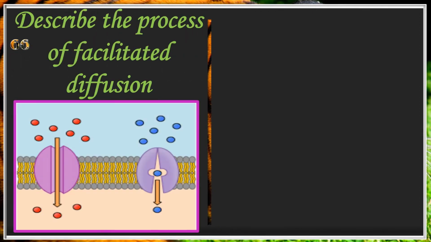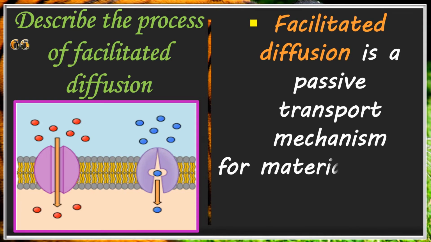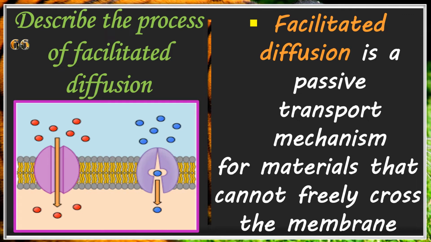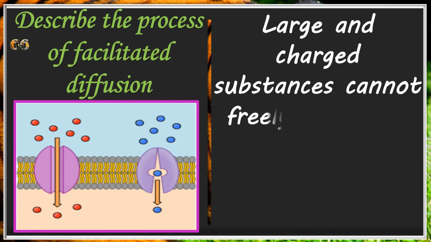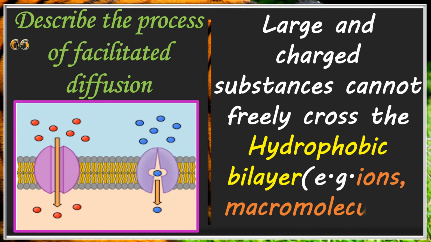Describe the process of facilitated diffusion. Now, facilitated diffusion is a passive transport mechanism for materials that cannot freely cross the membrane. It is facilitated and it is passive. Large and charged substances cannot freely cross the hydrophobic layers.